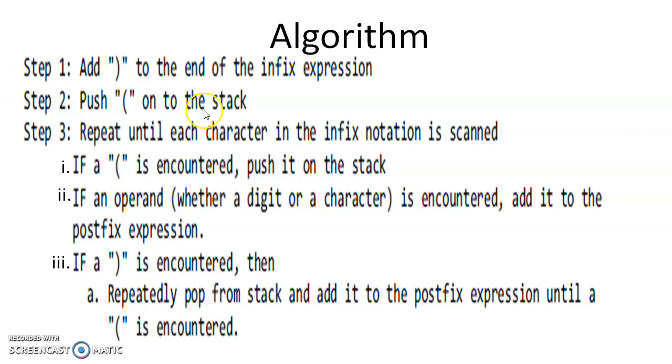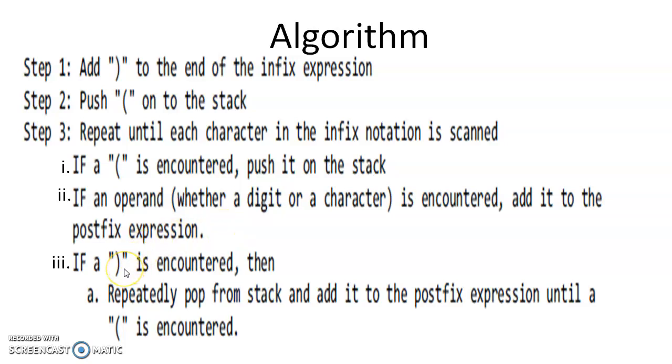Then we are repeating these 4 steps until the infix expression is completed. That is, all the characters in the infix expression are scanned. So initially, suppose consider that if an opening parenthesis is coming, what we have done? Simply we have pushed it onto the stack. When an operand is coming, that is when a digit or a character, when an alphanumeric character is coming, just we are adding it to the end of the postfix expression.